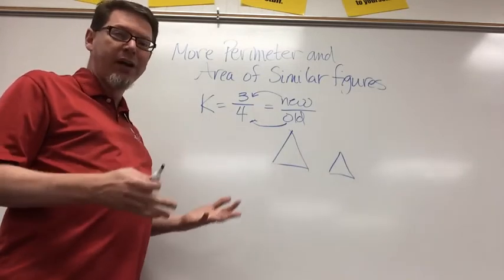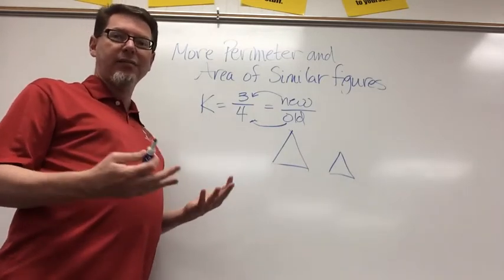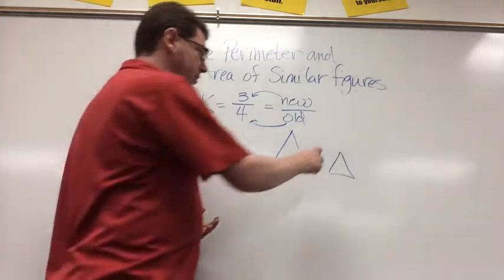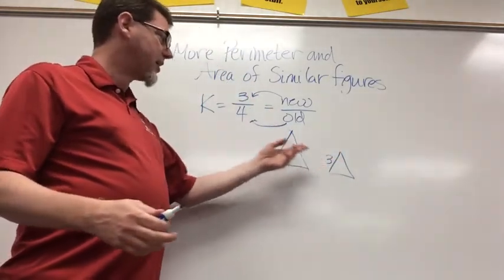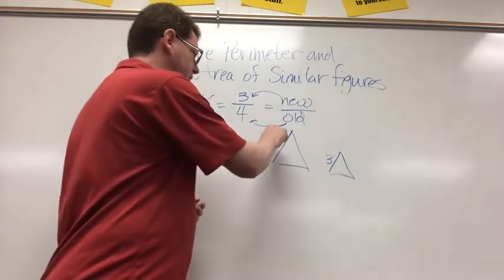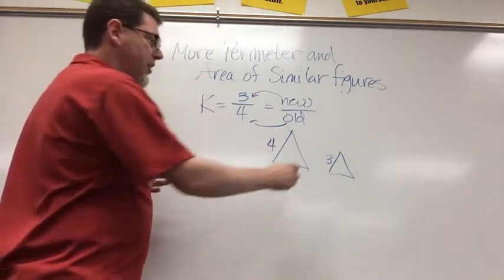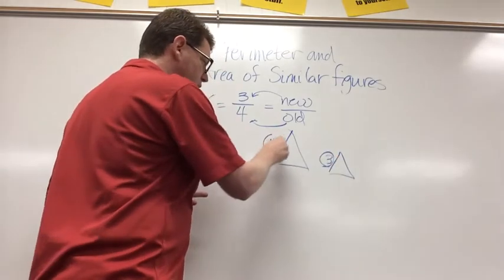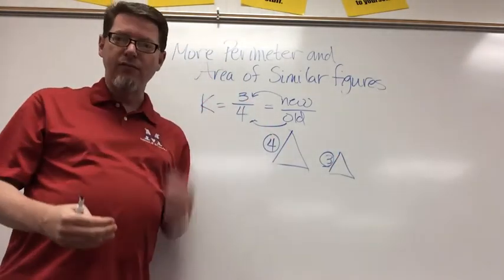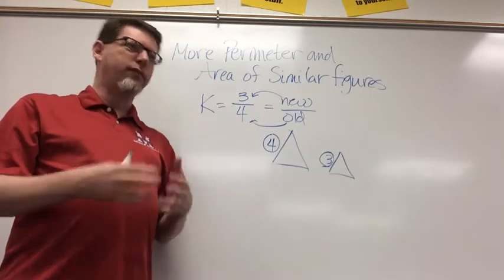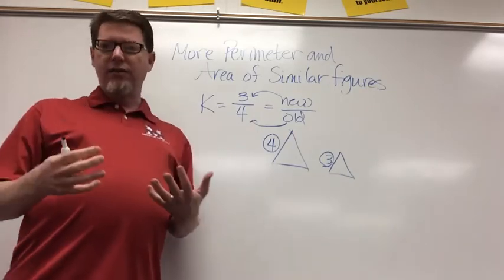I just know that one of those sides is going to be 3 on the smaller, and that the corresponding side on the other triangle is going to be 4, because that gives me new over old being 3/4. Now I can take all of that information, and if they give me a perimeter, if they give me anything else, I can figure stuff out.